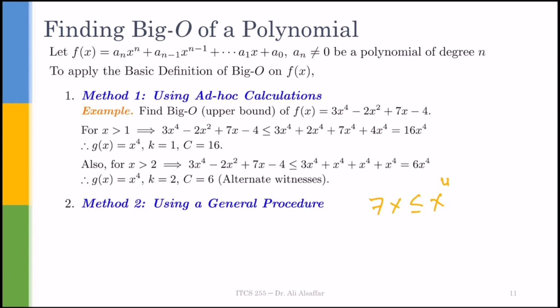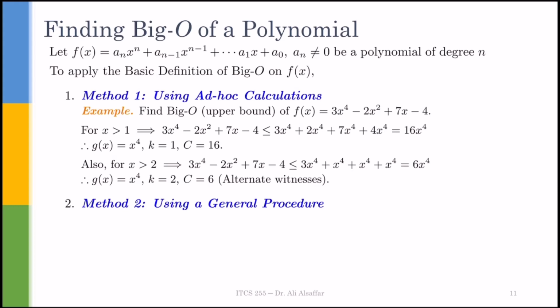By solving this inequality, we will find that x should be greater than the square of 3/7, and this is almost like 1.9. So therefore, we say that x should be greater than 2, and accordingly, we have to change x greater than 1 into x greater than 2.